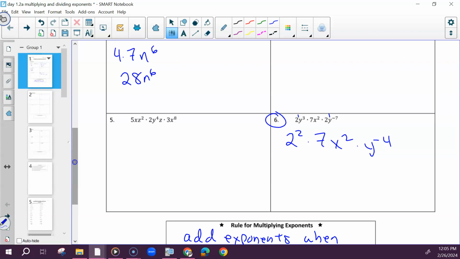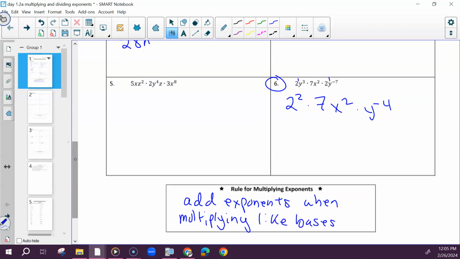The 7 wouldn't change either. So changing what we do have, we know this is 4. How would we change y to the negative 4? 1 over y to the power 4. And then if I start to simplify and combine all of this, 4 times 7, we know it's 28. X squared would be in the numerator, y to the 4th would be in our denominator.